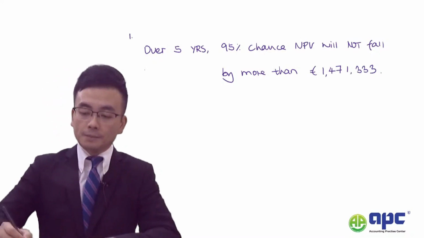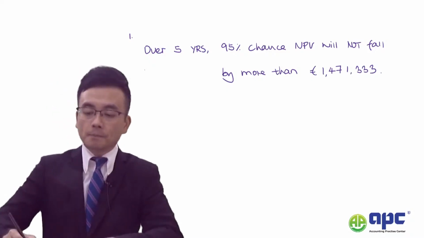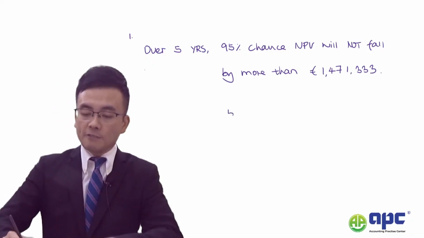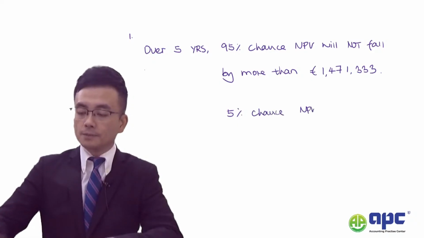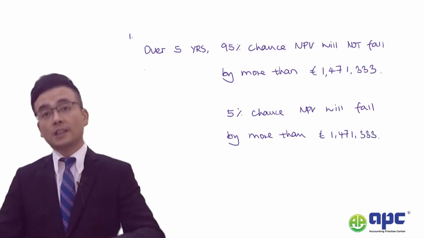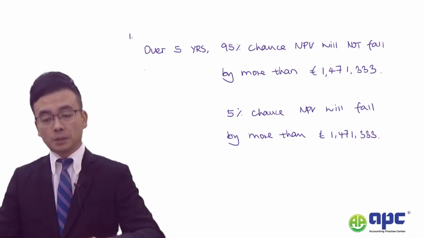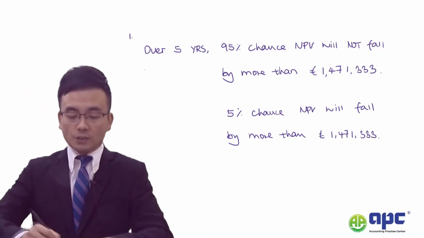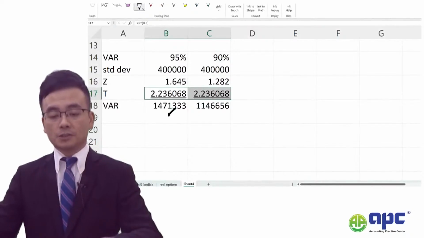You can also say, and this is a hidden mark here, that there is a 5% chance the NPV will fall by more than 147,133. It's a hidden mark, not a repetition. Of course, you can change the terms, for example from 95% to 90%.